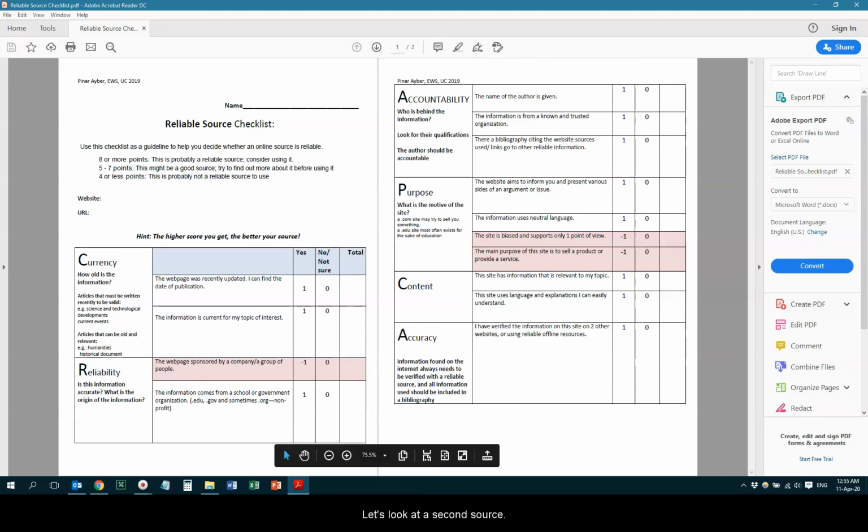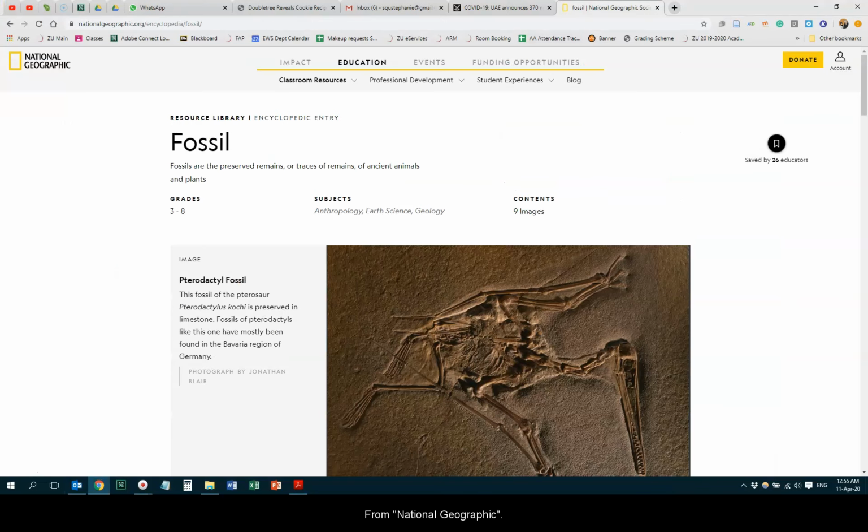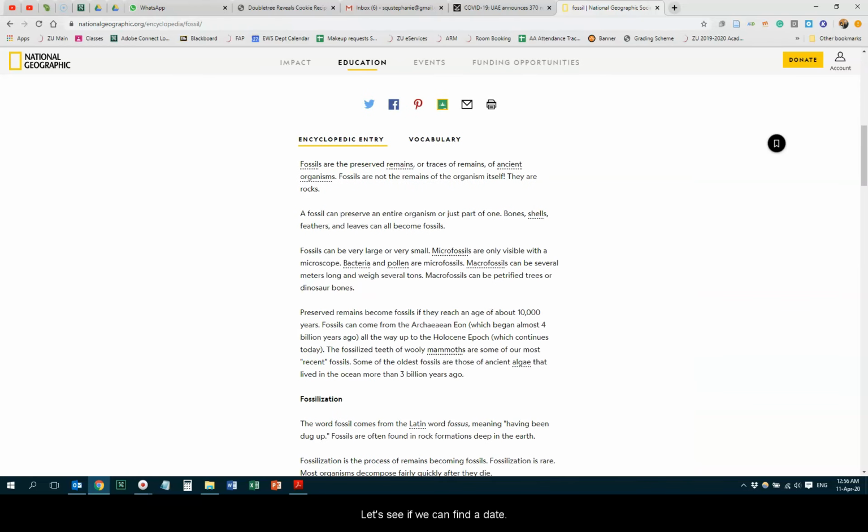Let's look at a second source from National Geographic. Okay, so we know that National Geographic is a science-based magazine. This is for educational classroom activities. Is it current? Well, let's see if we can find a date.